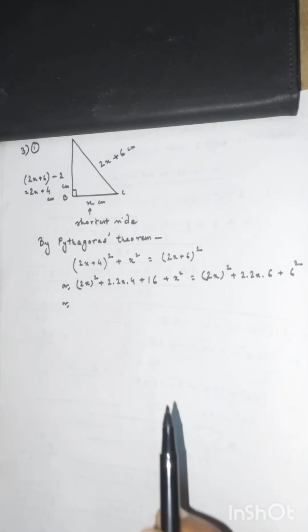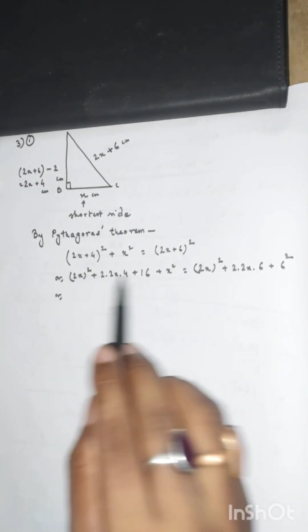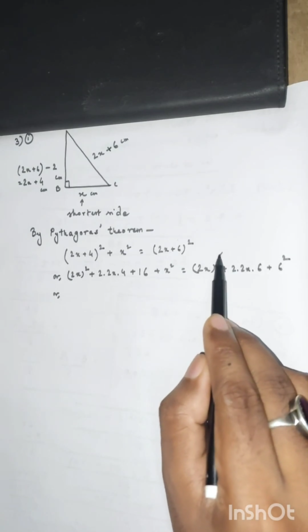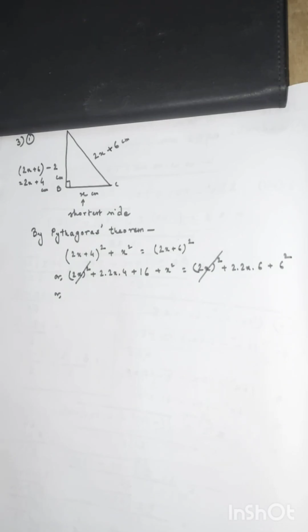So we can cancel 2x square from both sides of the equation.